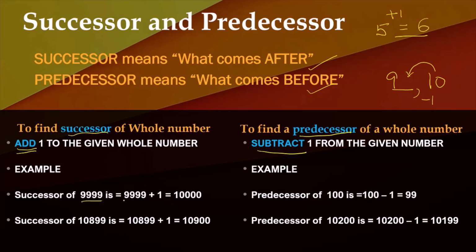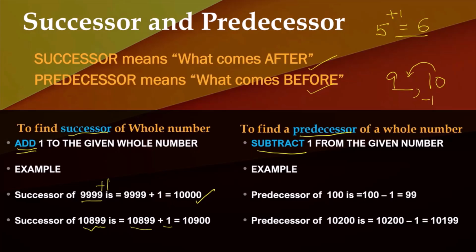The successor of 9999 is found by adding 1 to the given number, which gives us 10,000. For example, the successor of 10,899 would be 10,899 plus 1, which gives us 10,900.